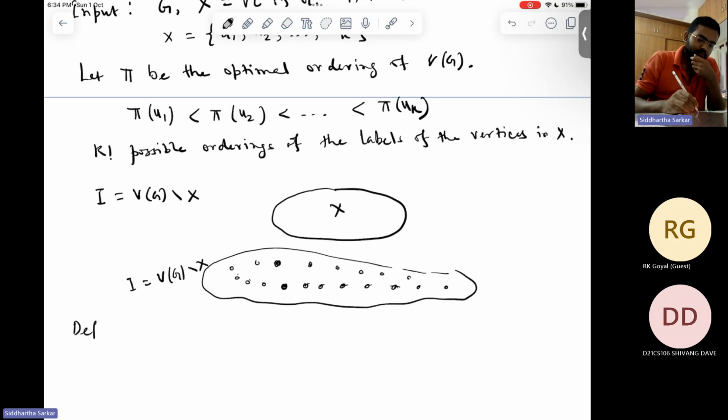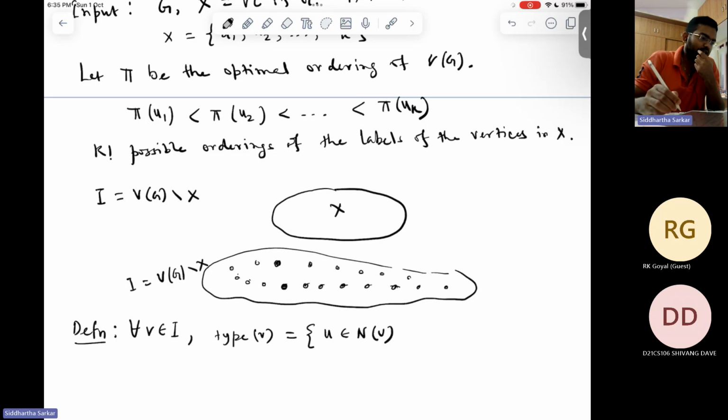For all vertices V in the independent set I, the type of a vertex V is the set of vertices that are in the neighborhood of V. I think this much is sufficient.